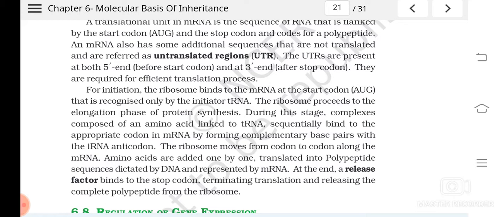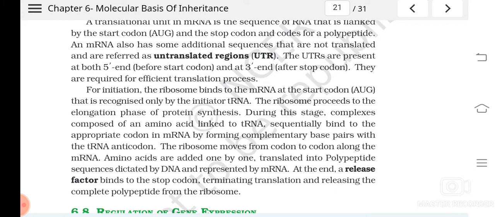So when the ribosome reaches the stop codon, some release factors will bind to the stop codon, so that the ribosome can no longer exist there, and it will get dissociated into larger and smaller subunits, and that will result in the end of the translation process.